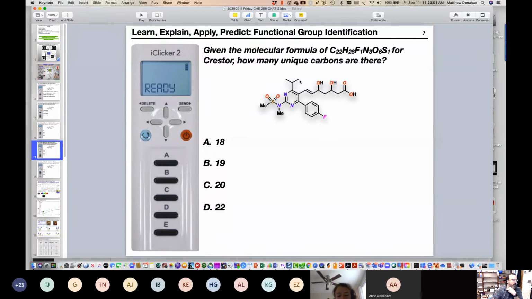Look at this group here. You have a methyl group and a methyl group. Are those the same type of methyl group? Some answers popping up already say yes. Yes, they are. So how do you know that?